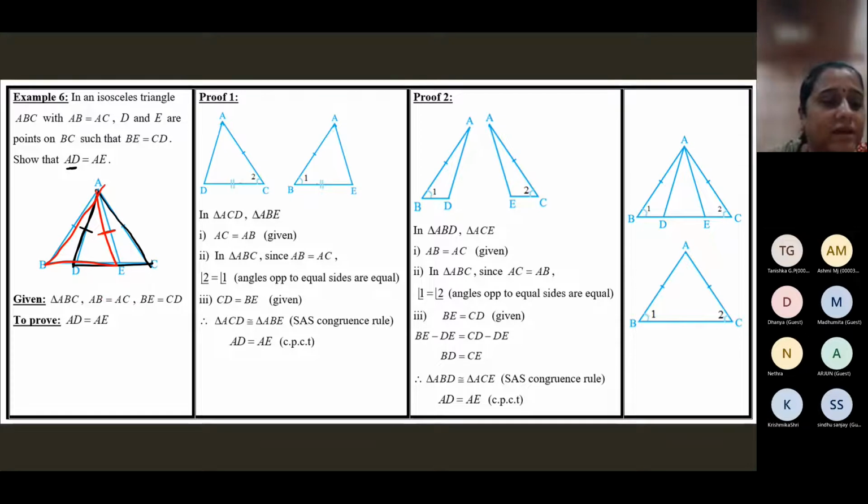So we are taking up triangle ADC, which has AD, and the other triangle is ABE, which has AE. So we are sensibly selecting the triangles.